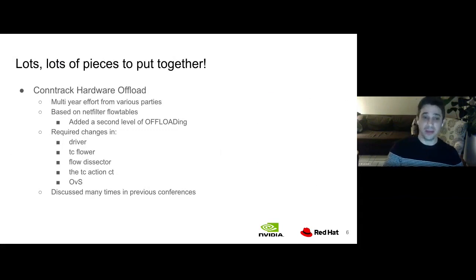One of the major things that we had to work on is a feature that is heavily used by OVN, and it is connection tracking. Connection tracking offload itself already exists, and a joint effort in the past achieved a pretty massive feature that spans different layers from the driver itself all the way up to OVS, and the TC layers in between.